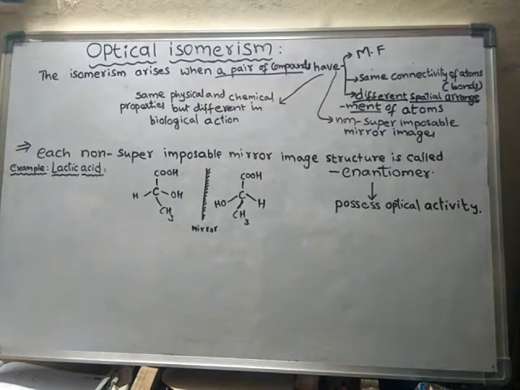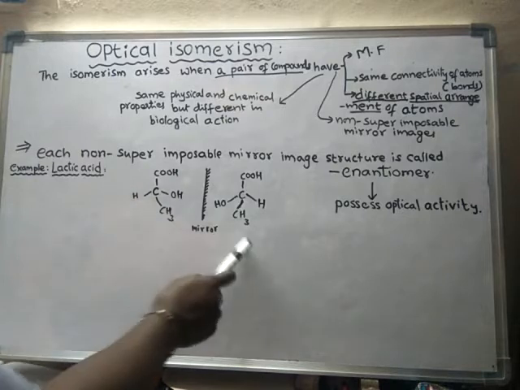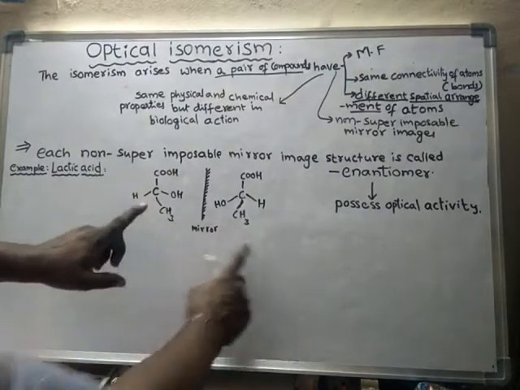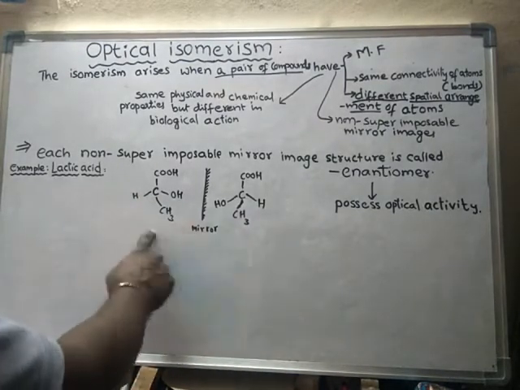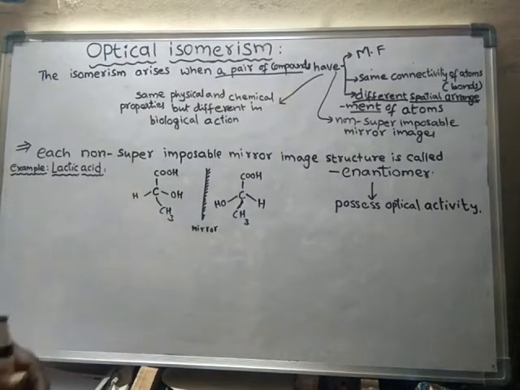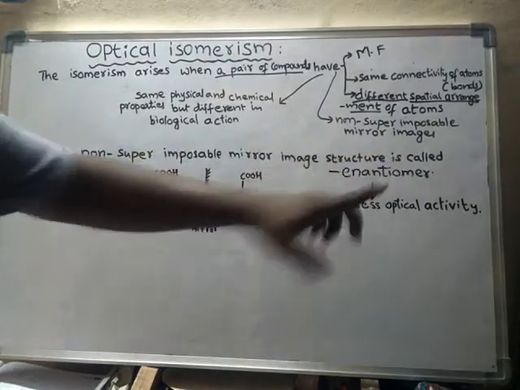Now the next one: these two are non-superimposable mirror images. Each non-superimposable mirror image structure is called an enantiomer.